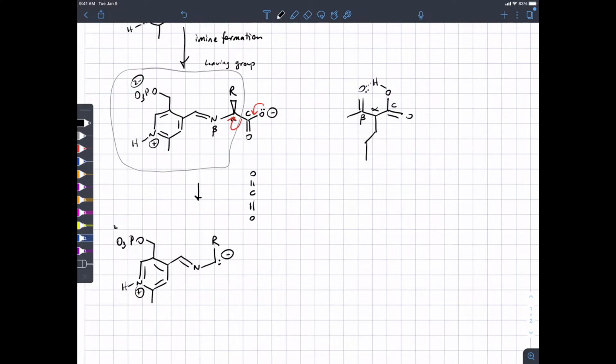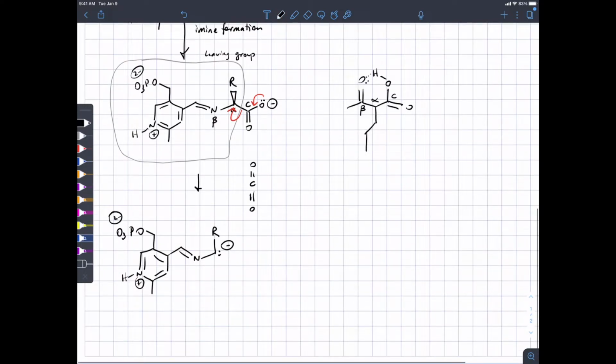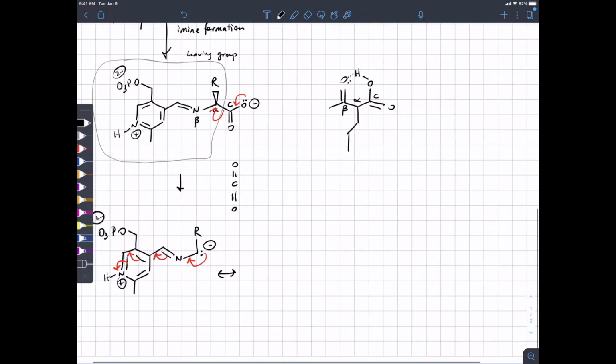So we're not going to be surprised to notice that we can draw a resonant structure where we move these electrons down and get a neutral molecule.